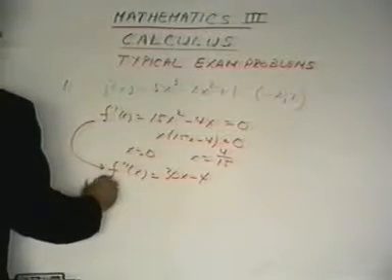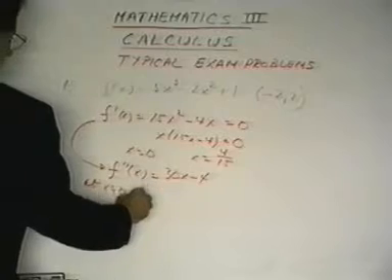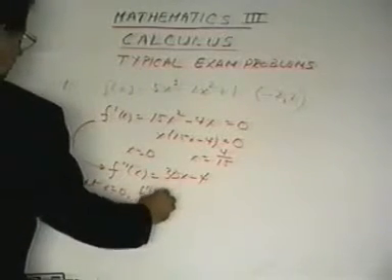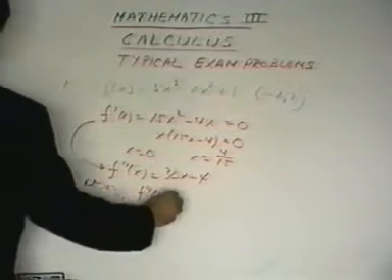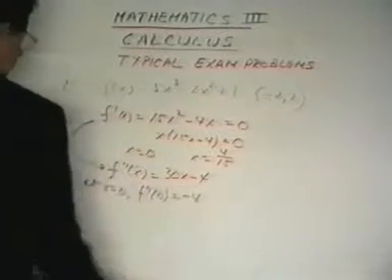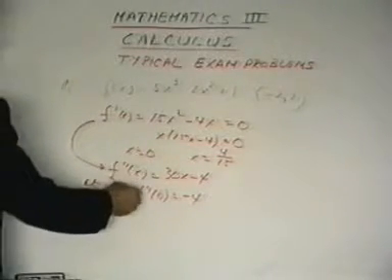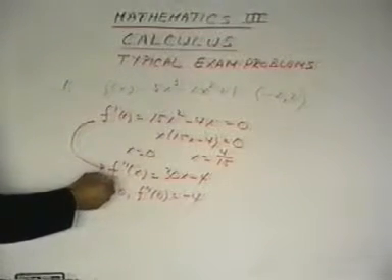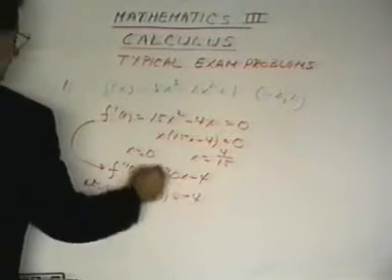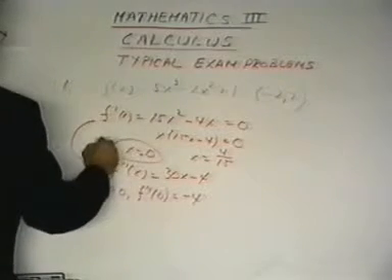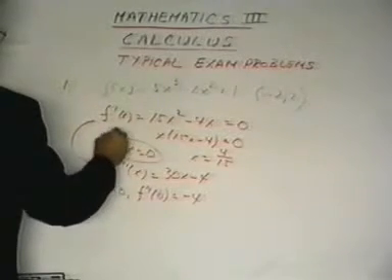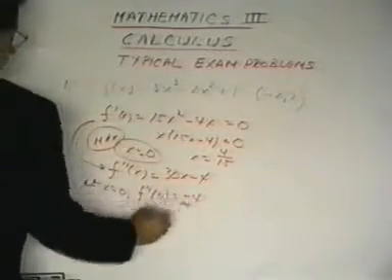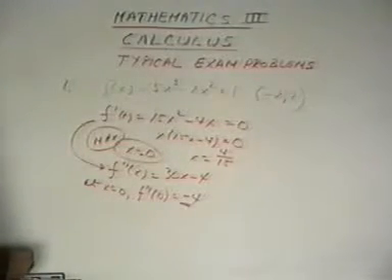So at x equals 0, f double prime of 0 is equal to minus 4. Conclusion: since the second derivative is negative, then this point must be a maximum. So let's make a note of this. MAX. Maximum because of the negative result we get here.